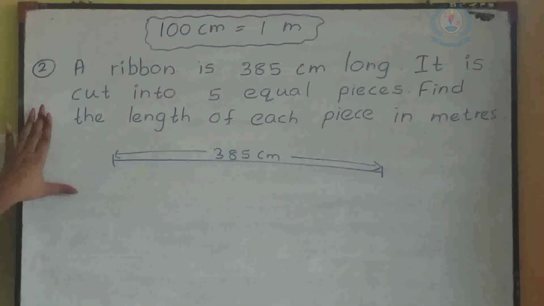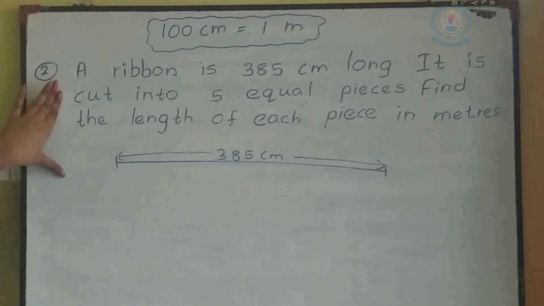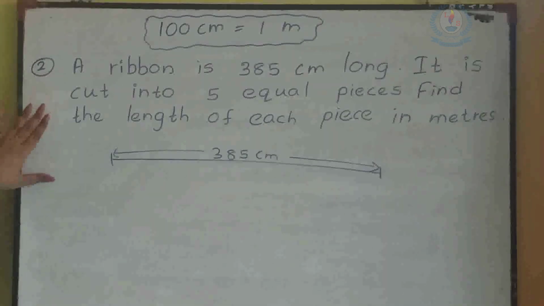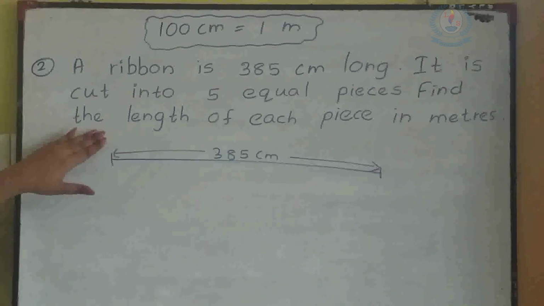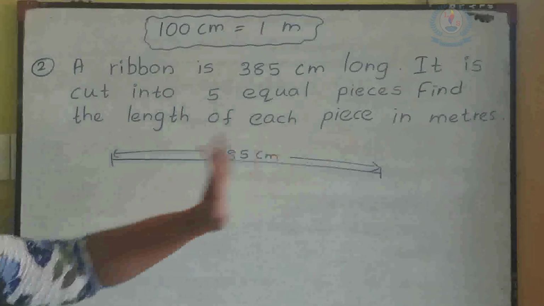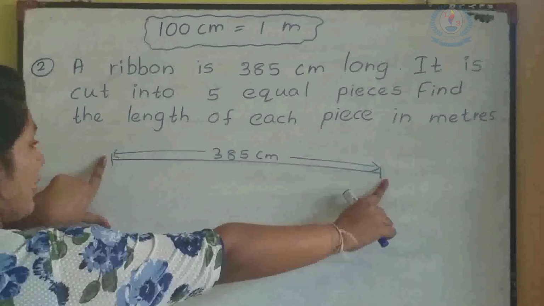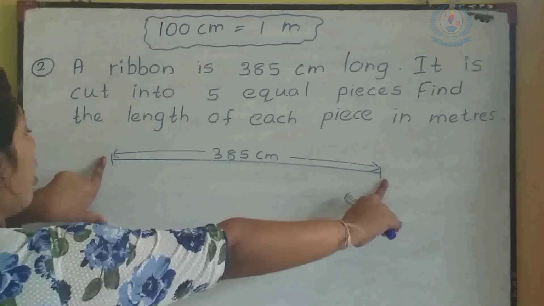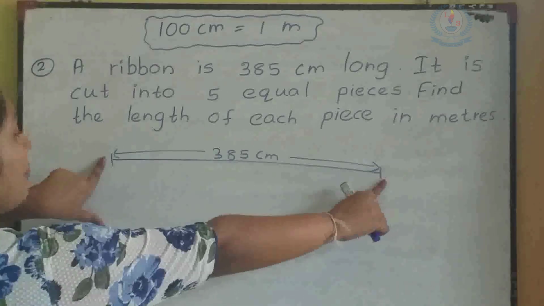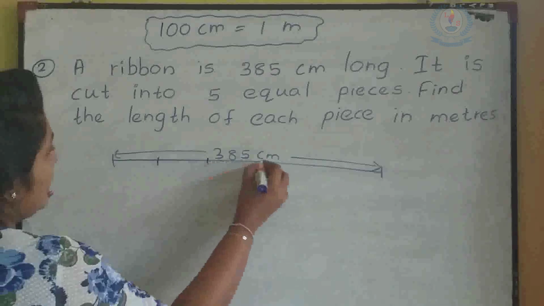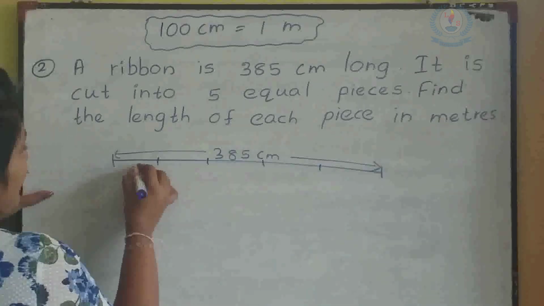Second example, a ribbon is 385 cm long. It is cut into 5 equal pieces. Find the length of each piece in meters. This is the total length, the whole length. That means this is the whole ribbon. This ribbon was cut into 5 equal pieces, like these, 5 equal pieces.